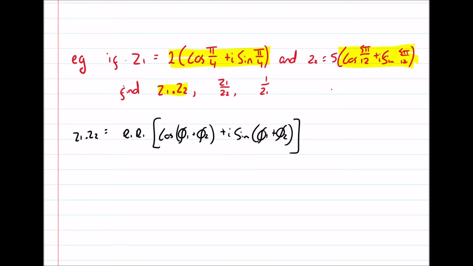Right. So we have the radius of Z1 is 2, multiplied by the radius of Z2 is 5.